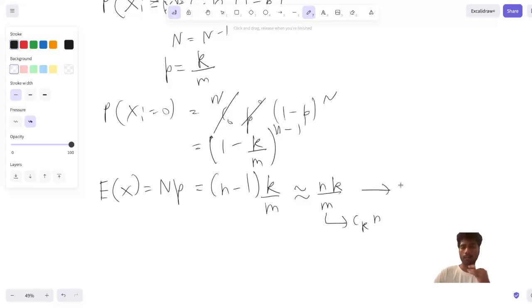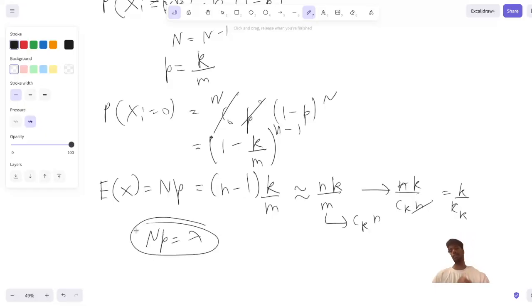So we have n times k over c n, n cancels out, and we have a finite constant. So in a way, we have proved that n times p is some kind of finite constant, and we have assumed here only that n is very large, tending to infinity.